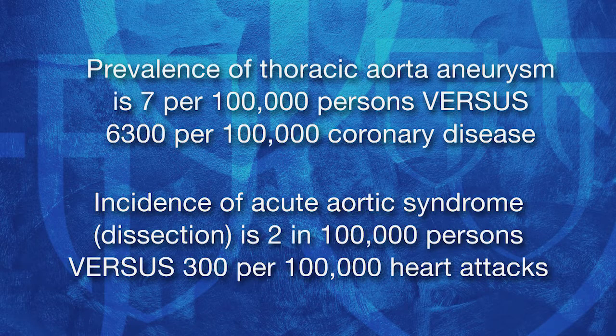Looking at the potential complications, an aortic dissection, which we will talk about, occurs in about 2 in 100,000 people. Compare that to 300 per 100,000 people that have heart attacks. So the bottom line is that this disease is not very common.